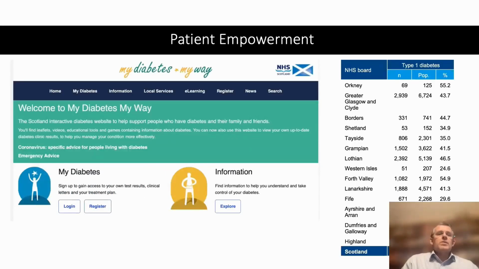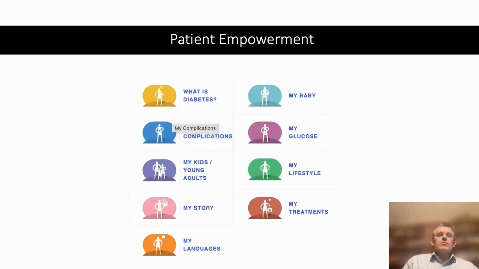Importantly, it's also empowering to patients, and patients can access Sky Diabetes through their own portal called My Diabetes My Way. And you can see that for type 1 diabetes, virtually half the population of patients with type 1 diabetes in Scotland are accessing My Diabetes My Way.